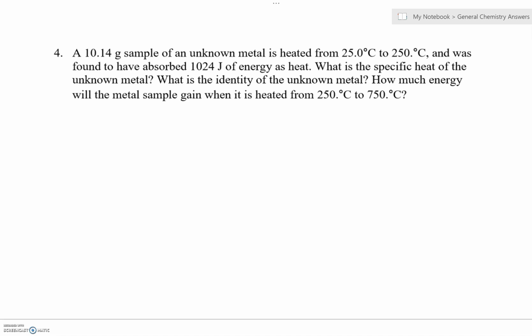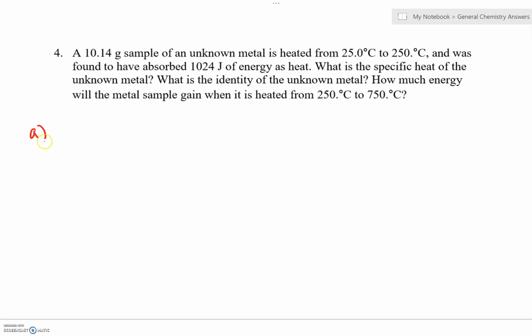It's got a couple parts. It says that a 10.14 gram sample of an unknown metal is heated from 25 to 250 degrees Celsius and was found to have absorbed 1,024 joules of energy as heat. What is the specific heat? What is the identity of the unknown metal? And how much energy will the metal sample gain when it is heated from 250 to 750?